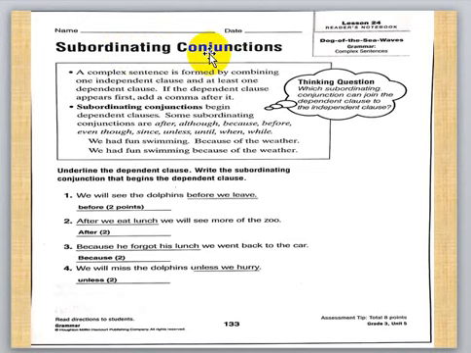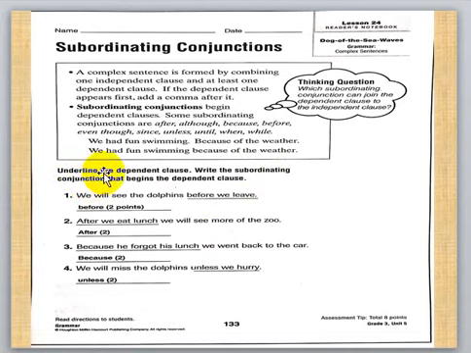So when he says here, write the subordinating conjunction that begins the dependent clause. Where is the conjunction before? Where is after? Because. Unless. What are these subordinating conjunctions?